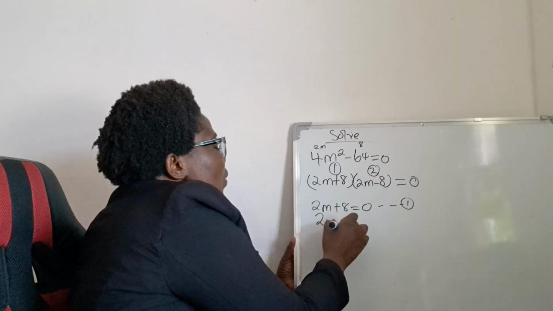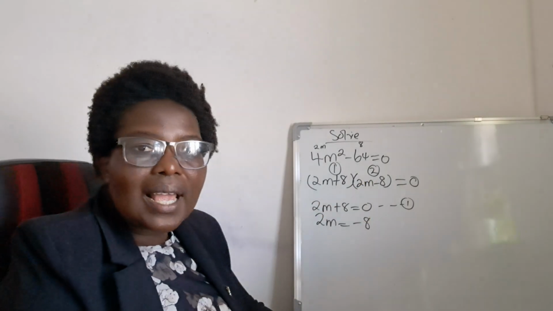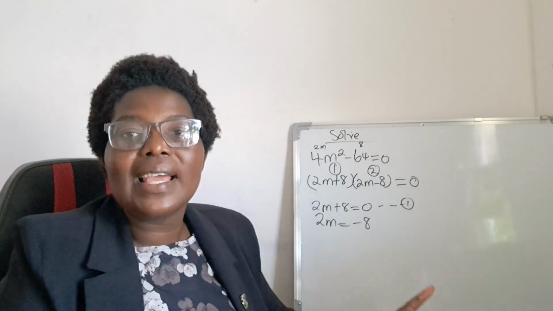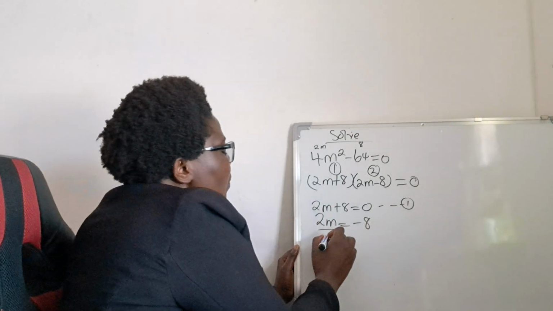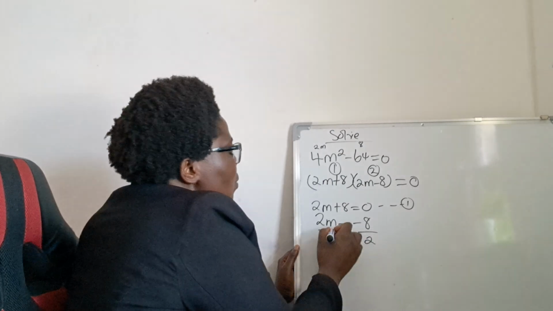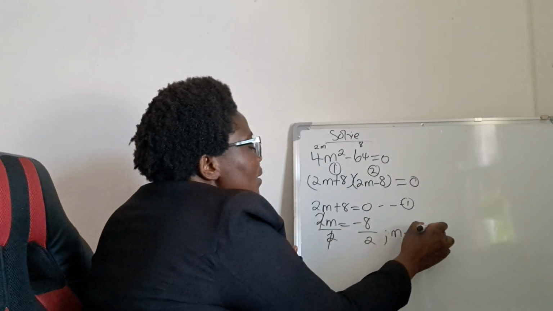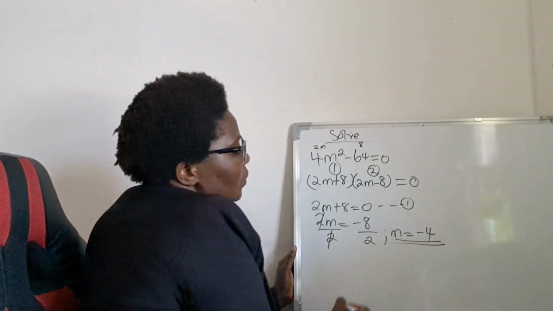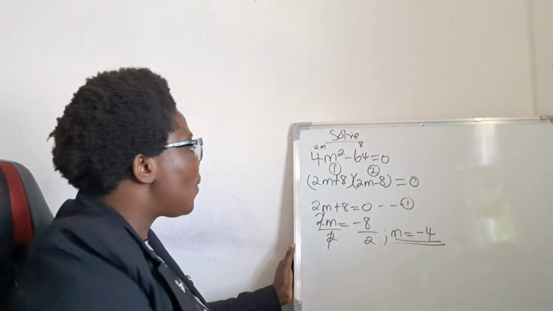So our 2m will be equal to minus 8. Why? Because we need to group the like terms together and leave m as the subject of the formula. So we divide by 2 both sides. M will give us minus 4. That's possible answer number 1.